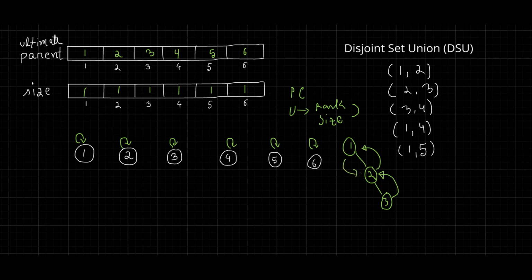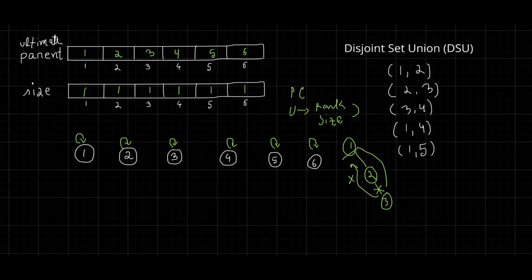So 1 will be returned here and 1 will be returned here. So to get the ultimate parent of 3, we have to call the function on the ultimate parent of 2. This is costly. What if we discard this edge between 2 and 3 and connect 1 and 3? By doing so, if we want to get the ultimate parent of 3, we can simply get 1. Here, we do not need to go via 2.